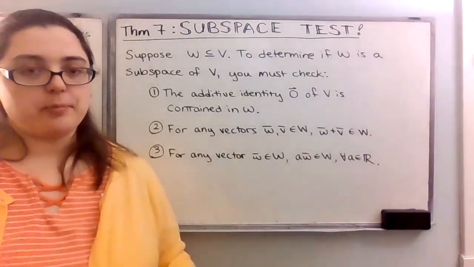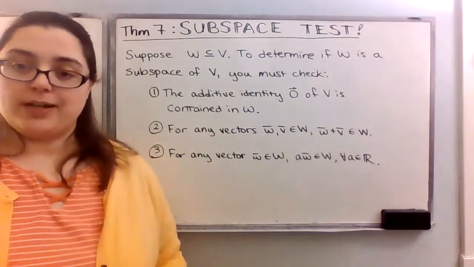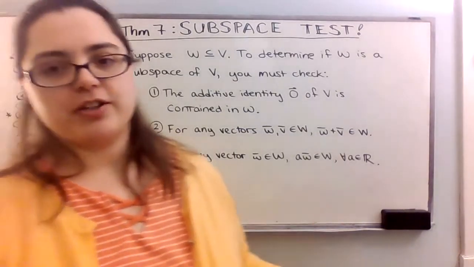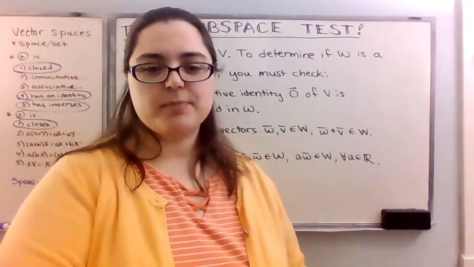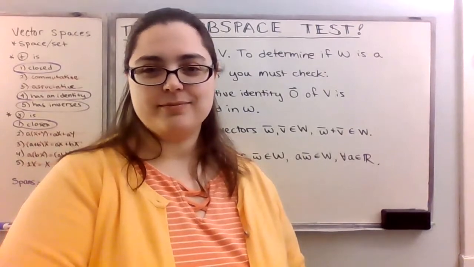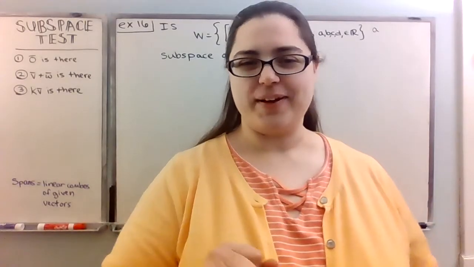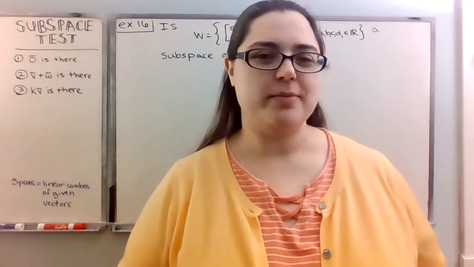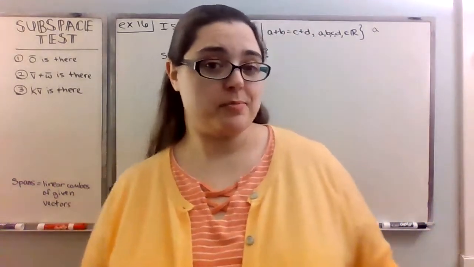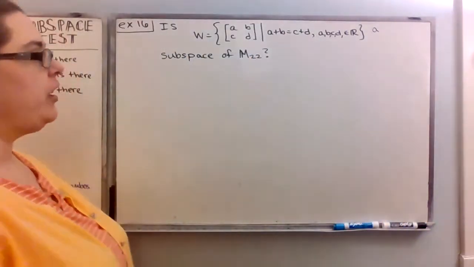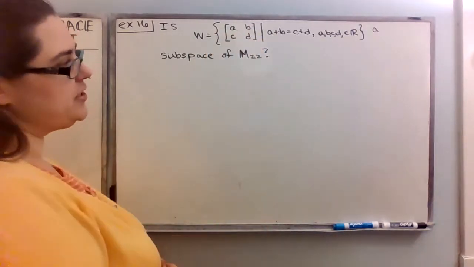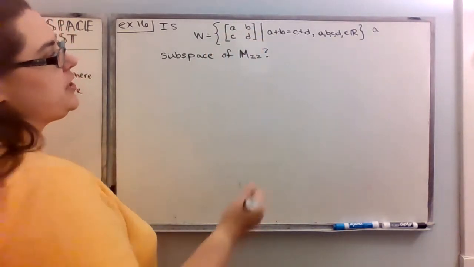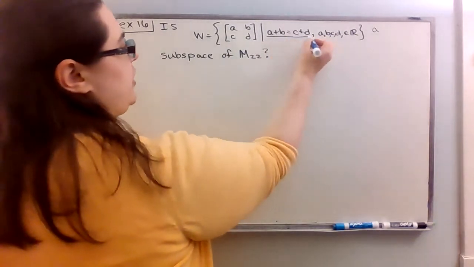So let's do an example of determining whether or not a subset of a vector space is a subspace. And we'll use the subspace test to do that. Okay, for this example, we're going to be looking at a potential subspace of M22. So we have this collection of 2x2 matrices, and I'm noticing that there's a particular condition given here.